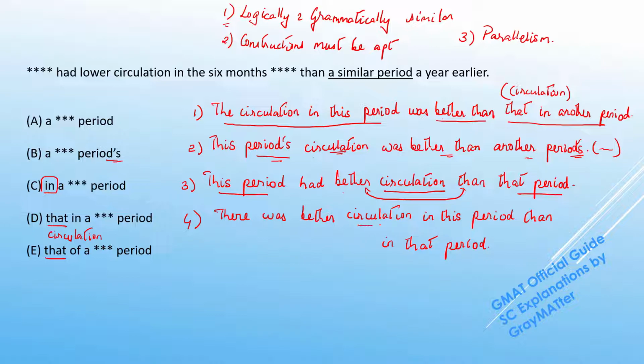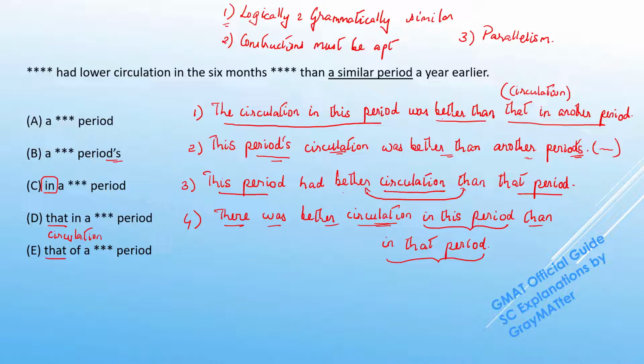And in a similar way, the circulation is once again being put inside this comparative phrase better than, but here we're reconstructing this as there was better circulation in this period than in that period.